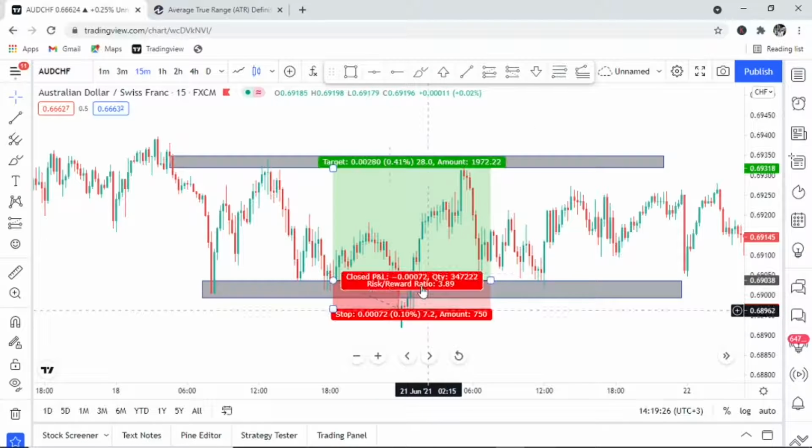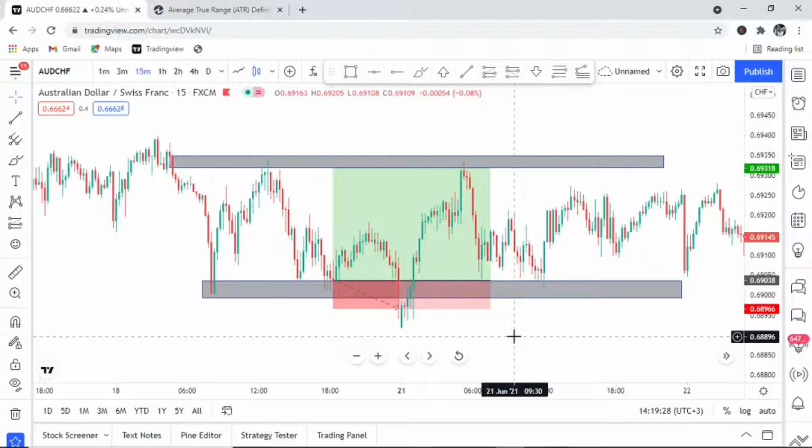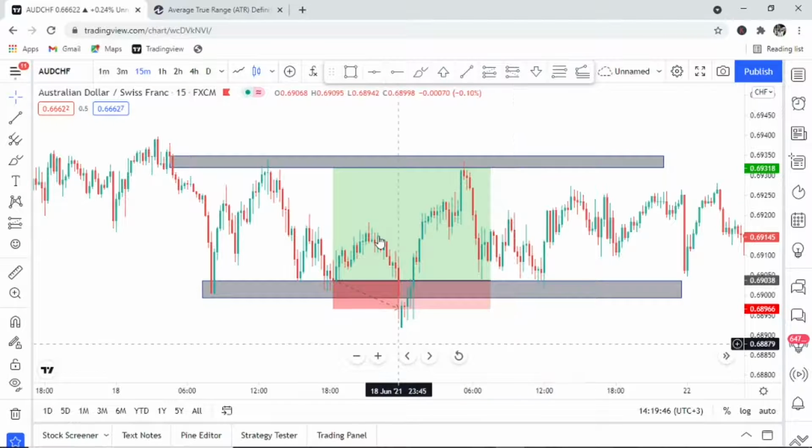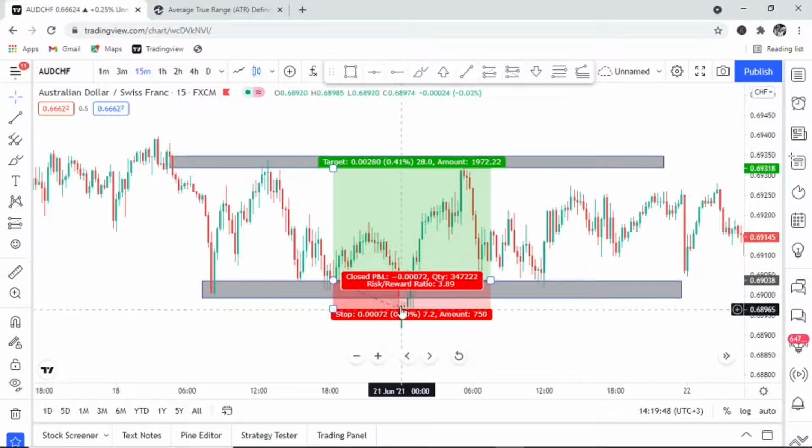Stop hunts normally occur when the big boys, the big financial institutions, drive price intentionally directly to your stop loss in order to find the liquidity to take price higher. When the big boys are trying to buy, they need sellers. So they take price lower, inducing people to sell when it breaks the zone.